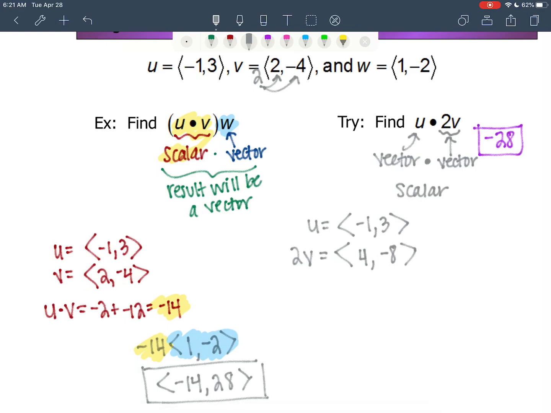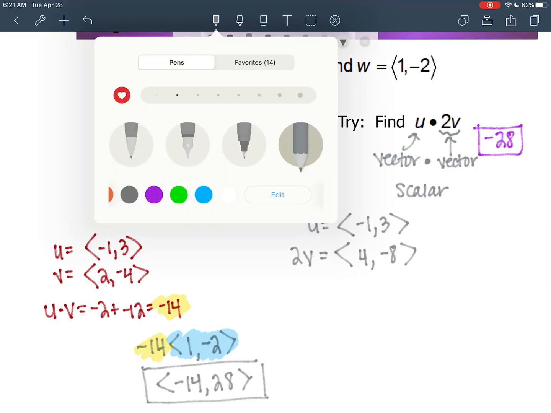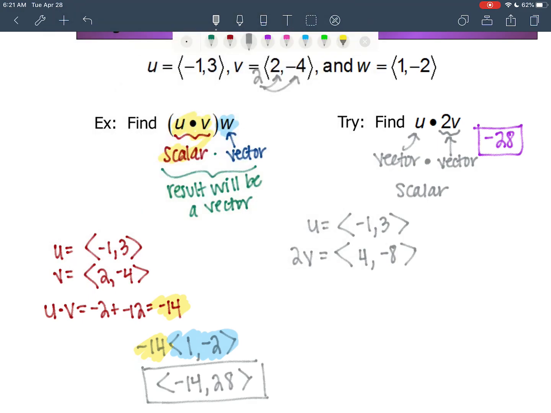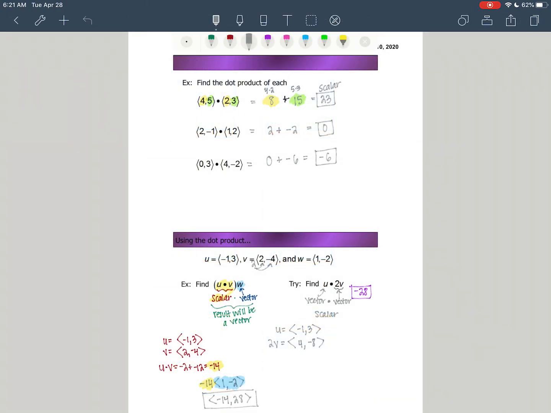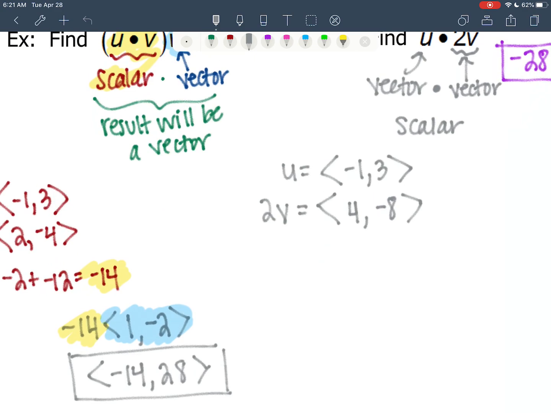And the dot product is negative 4 plus negative 24, which is where we get negative 28 from.